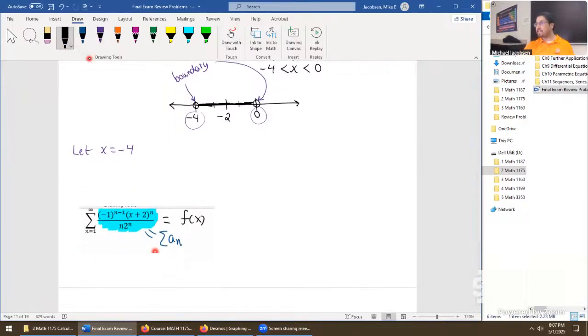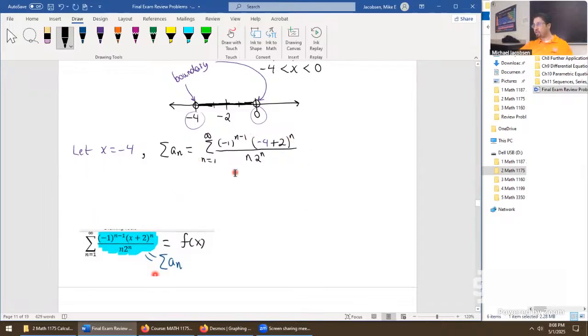So that means we're taking x equals -4, writing down the summation of a_n, a sum from 1 to infinity of (-1) to the power n minus 1. And here's the substitution. If x is -4, we drop it in right there: -4 plus 2 in that spot to the power of n, divided by n times 2 to the power of n.